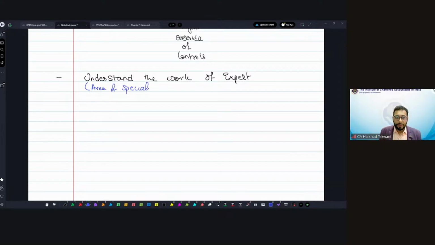The area of speciality, as you correctly said. Then we will understand the membership or standard. Membership means what degree he has, whether he is a member of any institute, what standards he follows, like professional ethical standards, the data that has been used, the assumptions he has taken, and the methods he has followed while deriving the calculations.